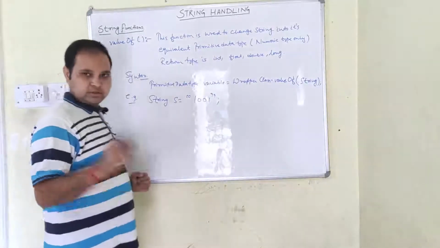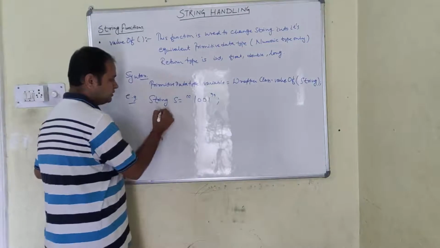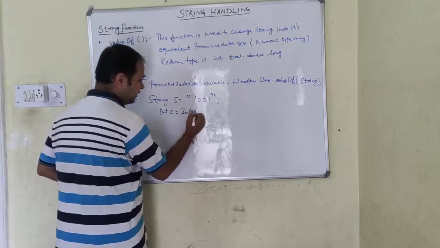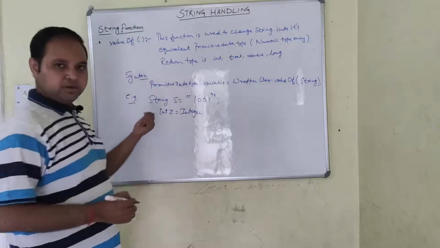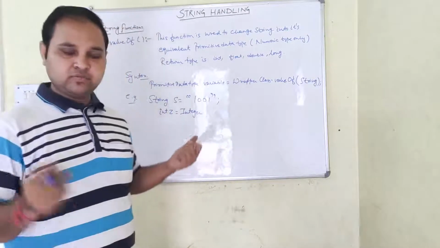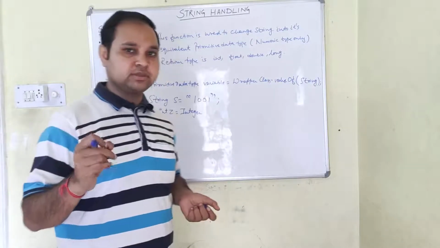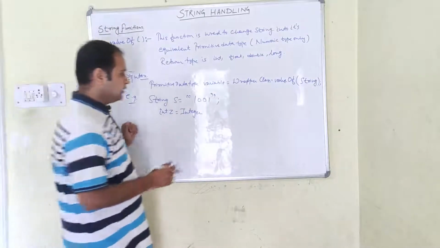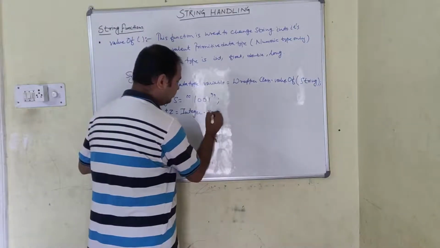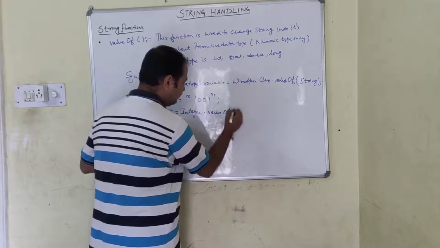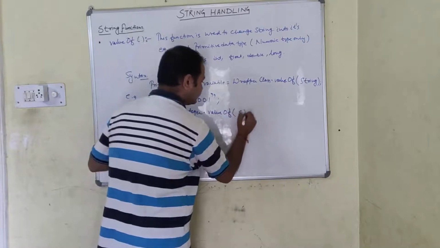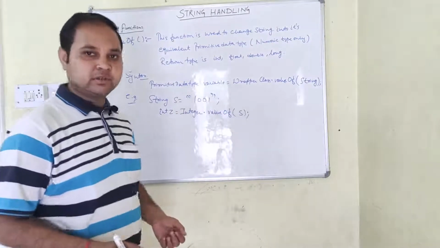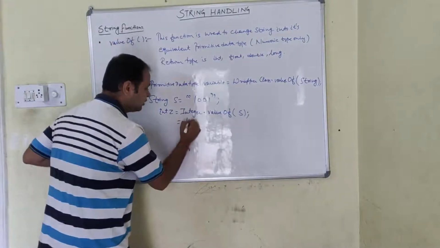The 1001 is of integer type, so write int z equals to Integer. Integer is the wrapper class of the data type int, which Panda sir has taught you in the wrapper class chapter. Integer dot valueOf(s). Now this s contains 1001 as a string, it will change into a number, so it will become 1001.